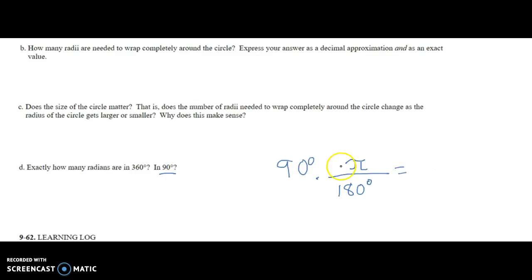So we get 90 degrees times pi over 180 degrees. The degrees cancel out, and 90 over 180 simplifies, so we have pi over 2 radians, or pi half radians, and that is the same as 90 degrees.